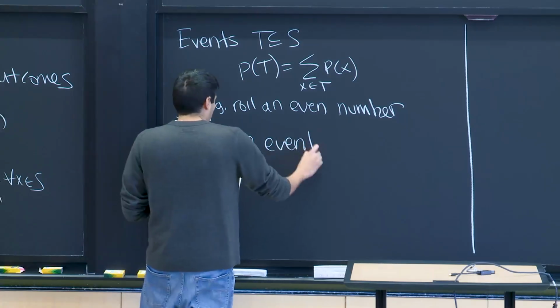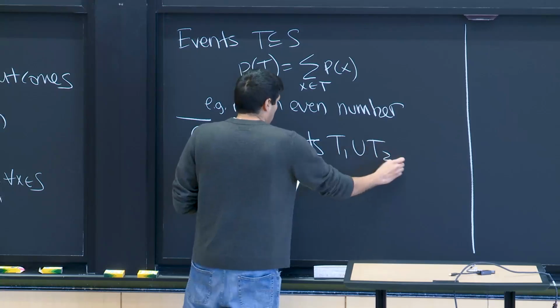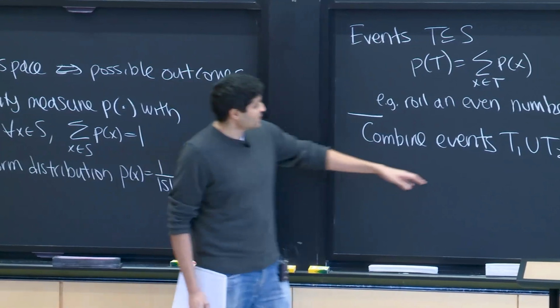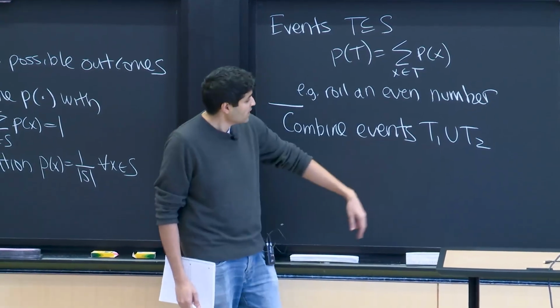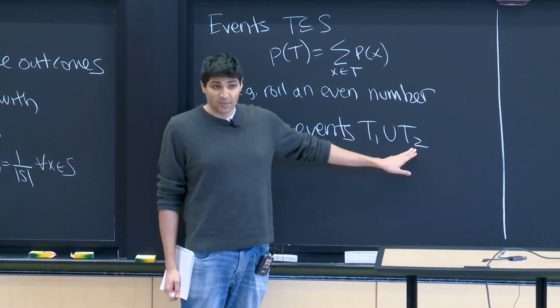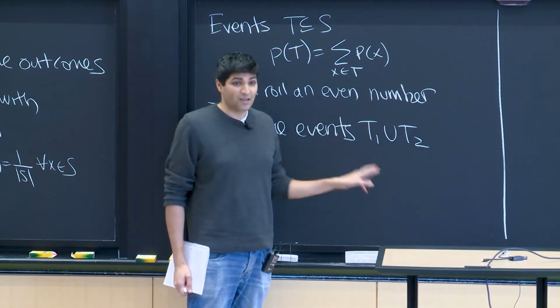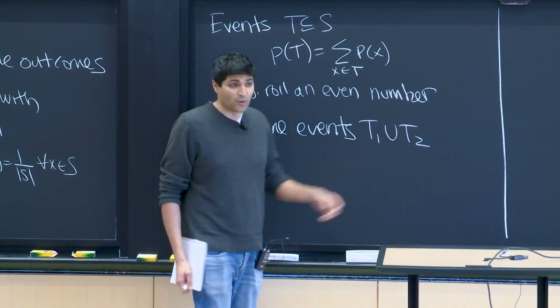So for example, if I give you 2 events, T1 and T2, I can think about the union of T1 and T2. What this means is I'm treating this as the set of outcomes I'm interested in, this is another set of possible outcomes I'm interested in, and I'm forming a new event that takes everything that happens in either one of these, or maybe both.